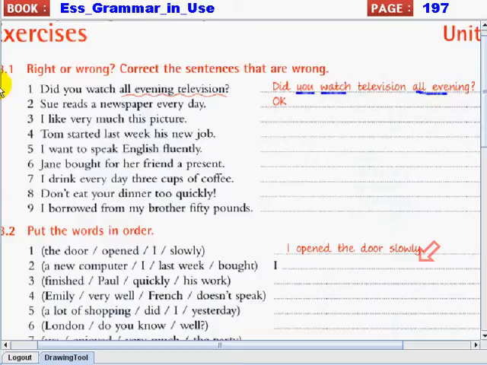Now, let's have number 2. Sue reads a newspaper every day. This is right. Sue, subject, verb, object, newspaper, and time every day. Right?